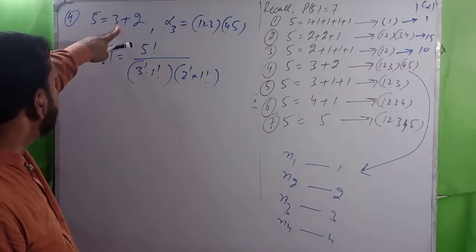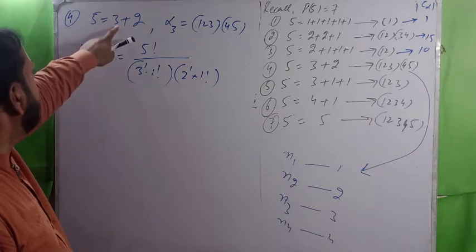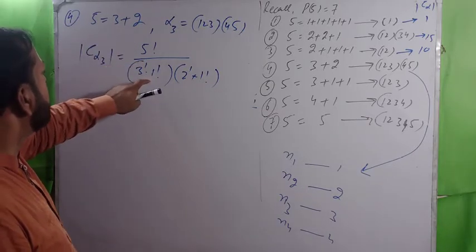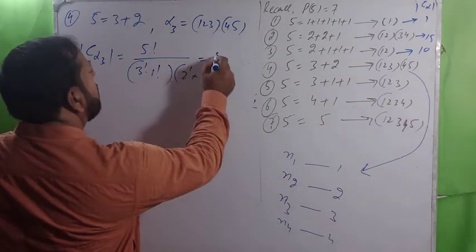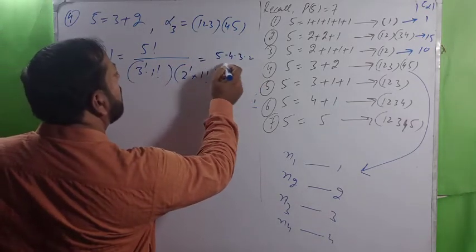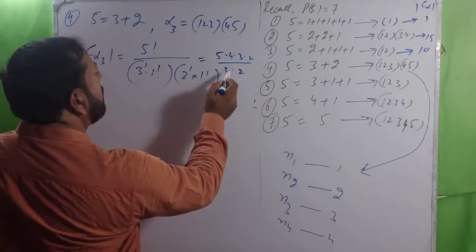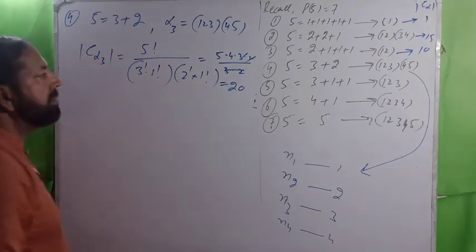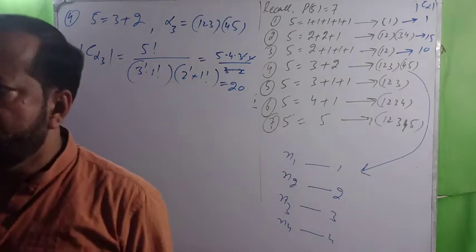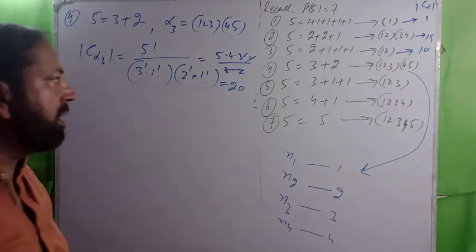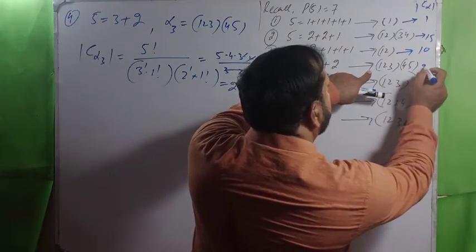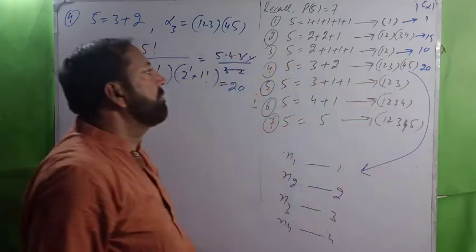Okay, k is 3, 3 power 1 into 1 factorial. So what is this? This is 5, 4, 3, 2 over 3, 2. These are cancelled, the answer is 20. This means that the conjugacy class corresponding to (1,2,3)(4,5) must contain 20 elements.